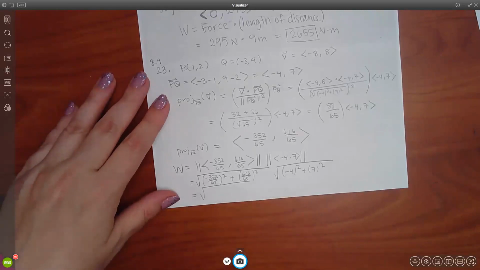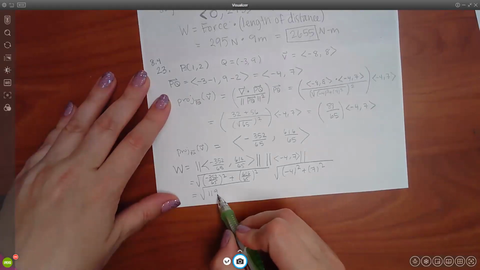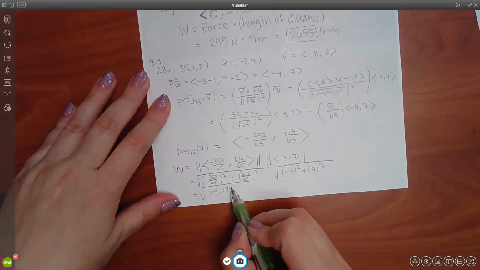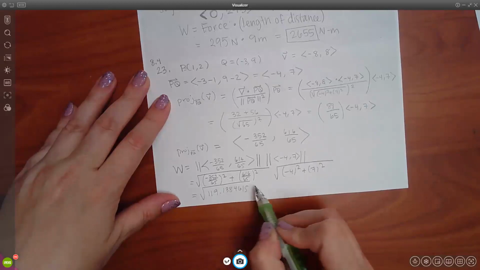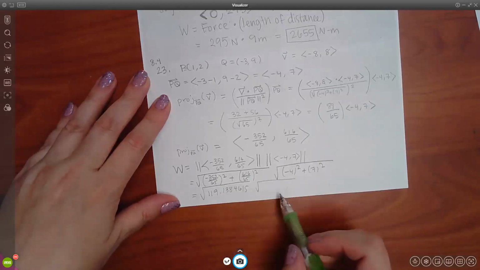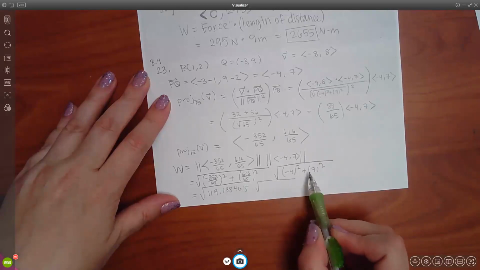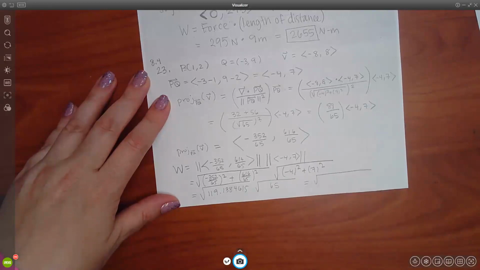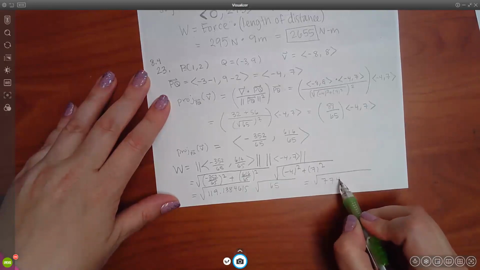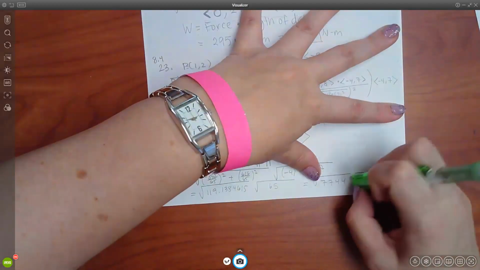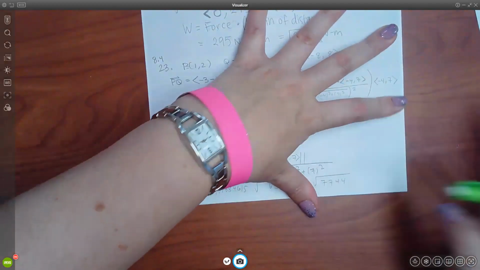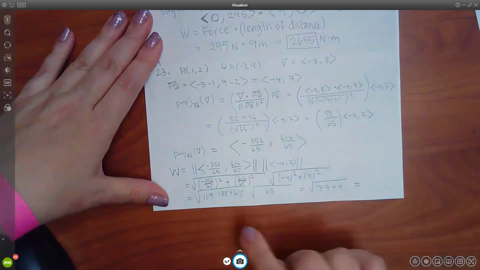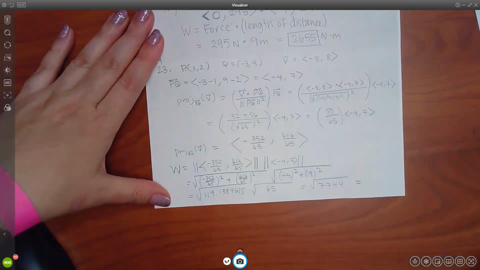Oh, no. I think when we did these, we got 16 and 49, which was 65. So 7744. That's just what the calculator told me. I don't know how that is. I'm guessing this has a fraction over 65.